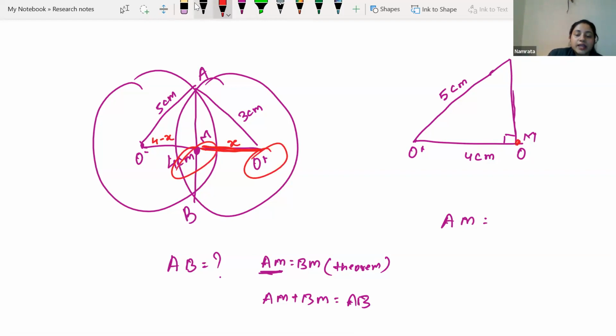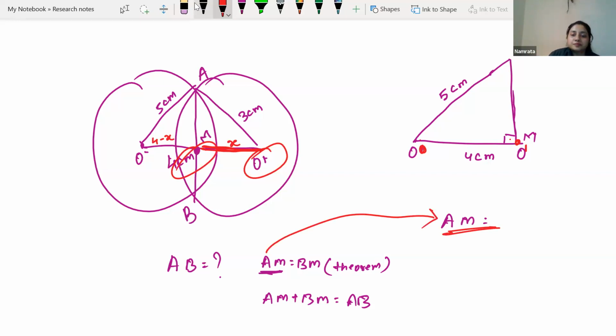That's why here I have drawn the triangle separately, to have a clear idea that O' and M is the same point, and we just have a triangle where we want to find AM, what we had initially decided. How will we find AM? Just by Pythagoras theorem. Let's do that.